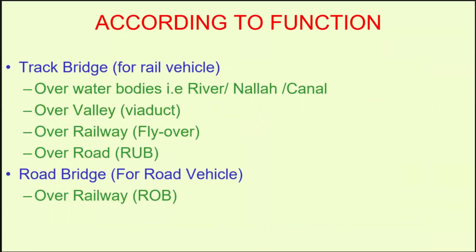Classification of bridges: typically, track bridges are those bridges which are suitable for railway vehicles. They can be over a water body, that is a river, nala, canal or something. Many times we call them hydraulic bridges also.